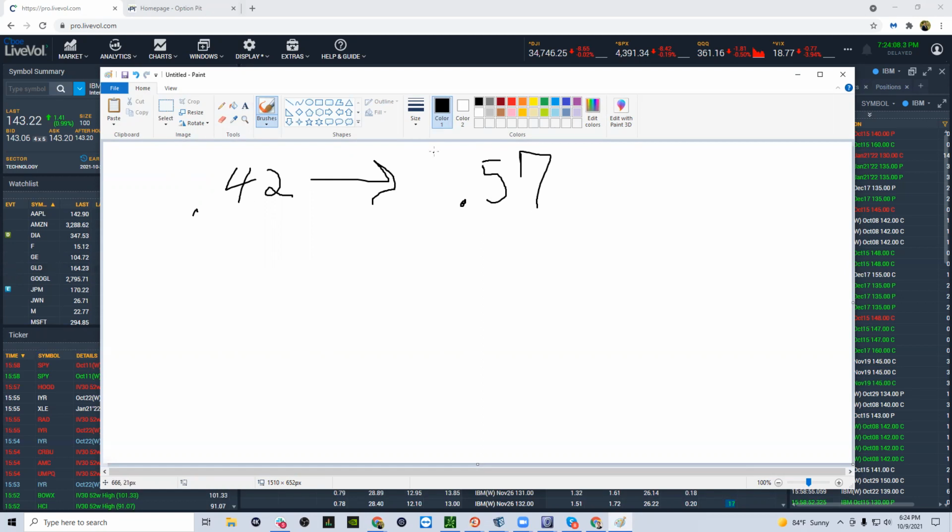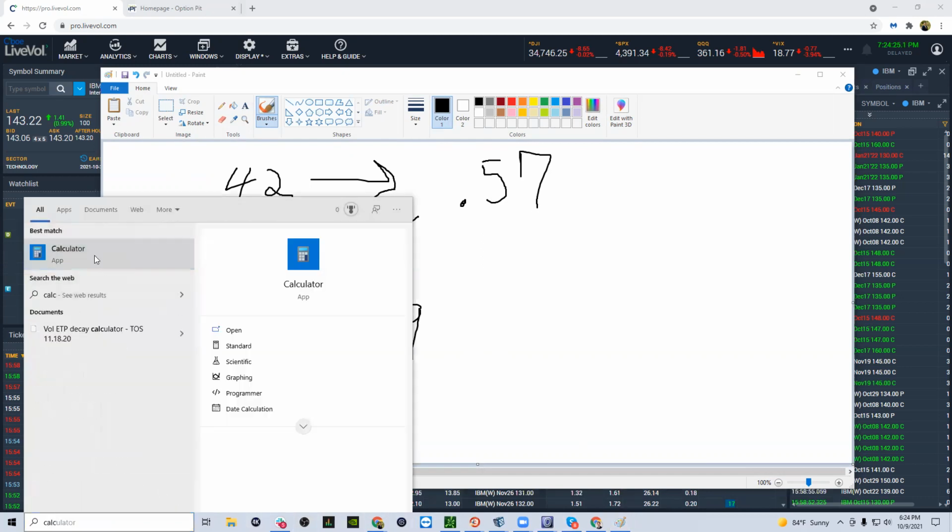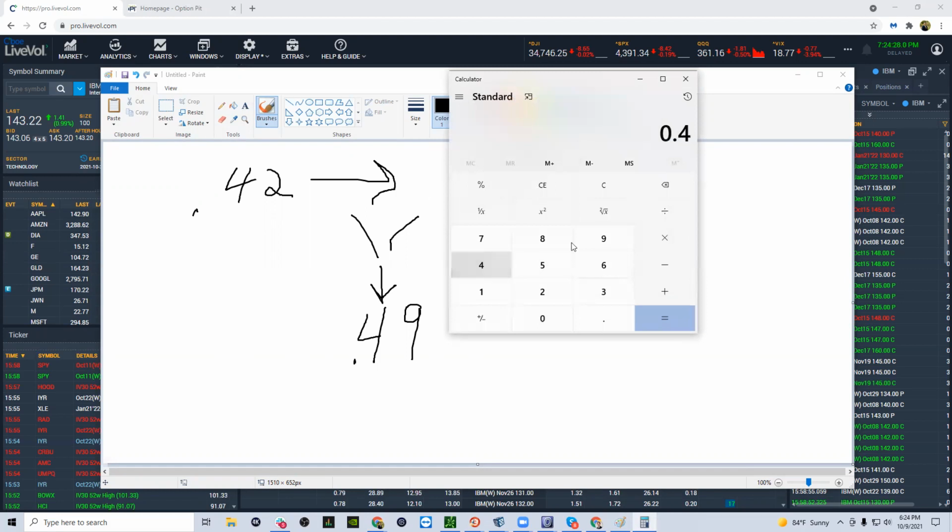So our average delta over that move is 49. 49 times 5, we get our handy dandy calculator out, 0.49 times $5 is $2.45. Remember I said 2.10 plus 0.37, 2.47. So you can see two different ways of getting to the same answer.